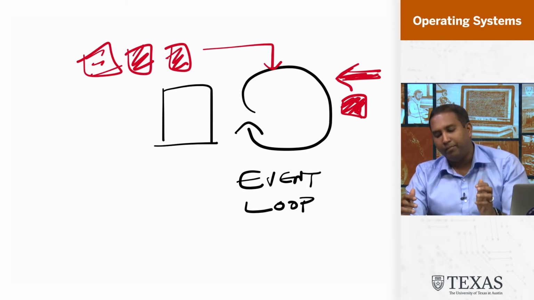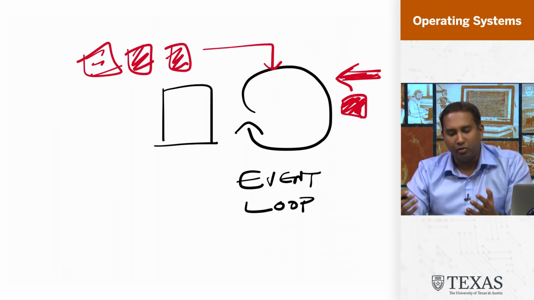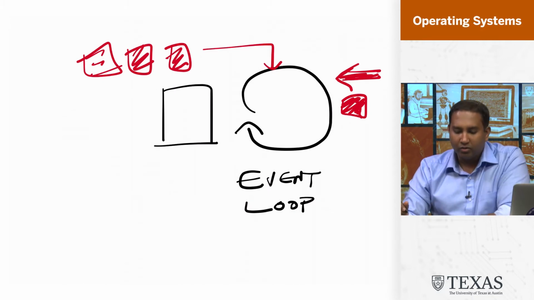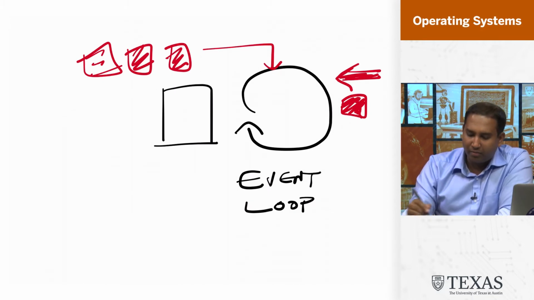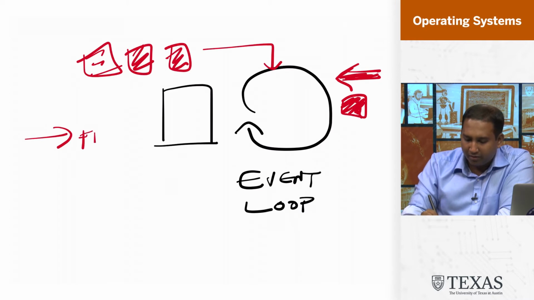Now, what happens if there is a large amount of processing that we need to do, and for example, we need to talk to somebody else, and there's some amount of work that needs to be done, so it can't be done immediately? In that case, you do the first part of the work. So let's say you have the event loop, and then you got this event. You do the first part of the work, right?